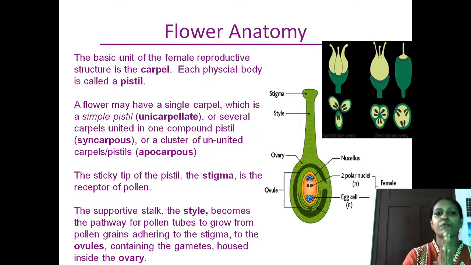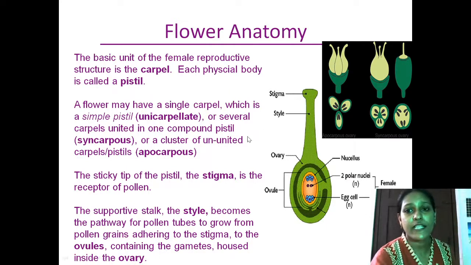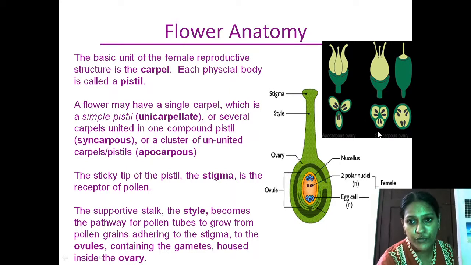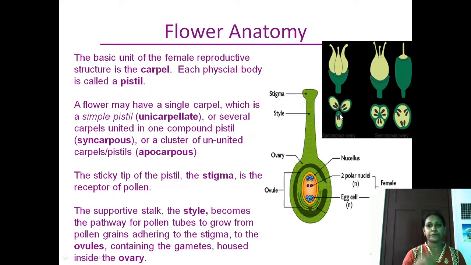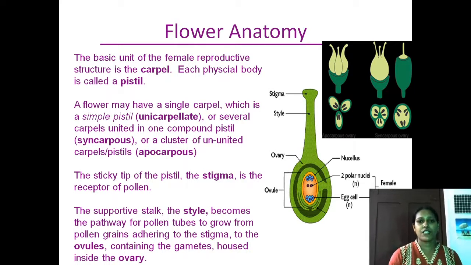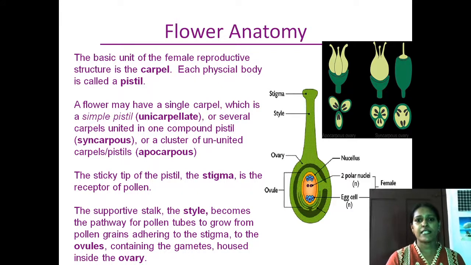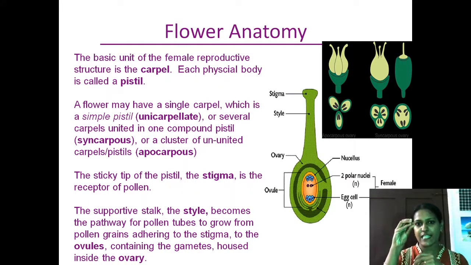So this is all about syncarpous and apocarpous nature. In syncarpous, see the diagram, the ovary wall is fused. See the green part. And what about apocarpous? See the splitting there. So this is all about the apocarpous nature. Fine. And the stigmatic surface, very sticky it is. And then comes the style. Look at the diagram.